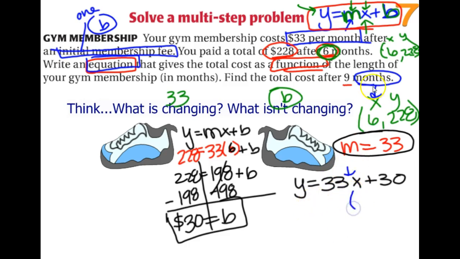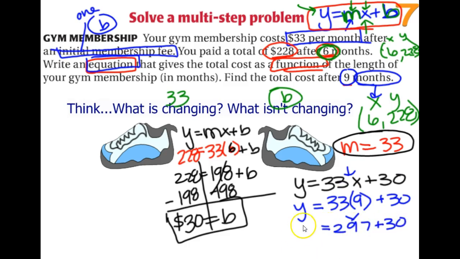So 9 goes in for x: 33 times 9, and then we add 30. 33 times 9 in my calculator gives me 297, plus 30 gives me $327. So it costs you that much money to go to the gym for 9 months. Seems like a lot of money.